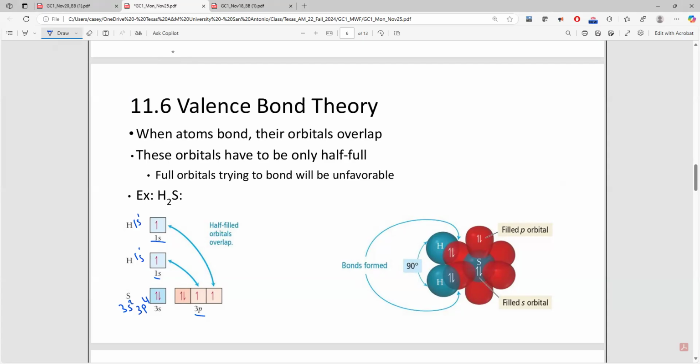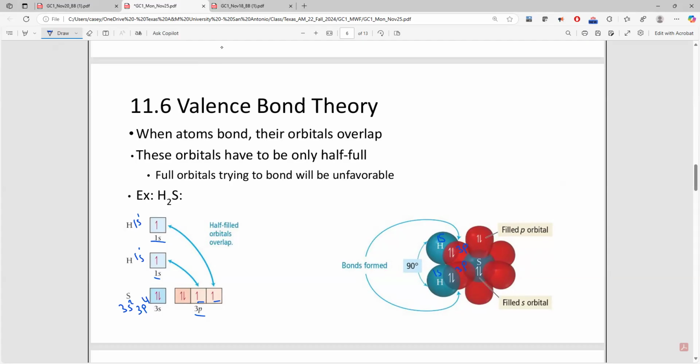When we do our electron diagrams, right? Sulfur can put 2 electrons in its p orbital, and then hydrogen can put 1 electron in each of its s orbital. So that's how we first think about what's going on. We have an s orbital, the 1s orbital in hydrogen, overlapping with the 3p orbital in sulfur.